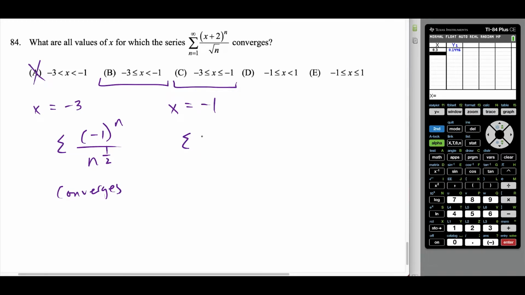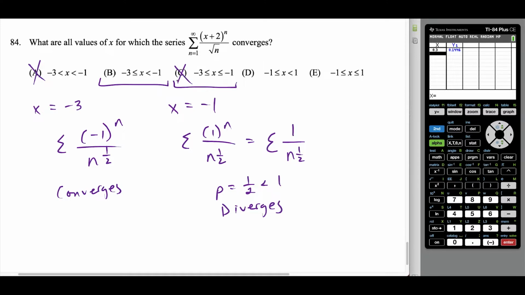We have -1 plus 2 is 1 to the n power over n to the 1/2. And this is the same thing as the series 1 over n to the half. And this is a p series where p is equal to a half, which is less than 1, so that series would diverge. So that means that -1 is not included, so that's why choice C is out. And for 84, this is definitely going to be choice B.